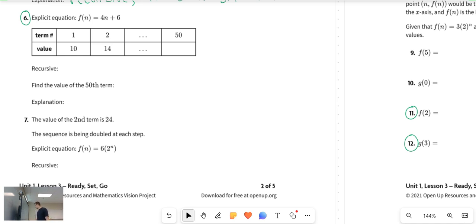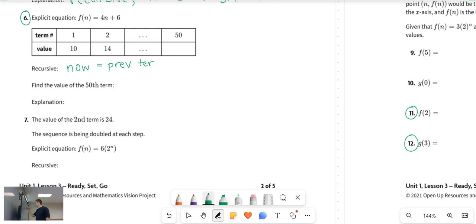So our recursive is going to be now equals previous term plus, what are we adding? Well, our second term was 14, which is 4 more than the first term, so it's going to be plus 4. So now equals previous term plus 4.